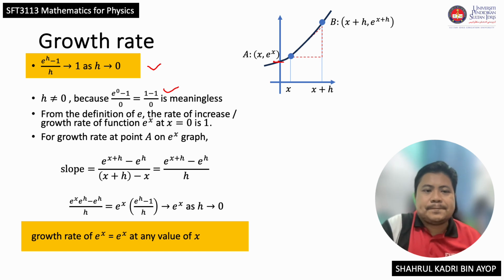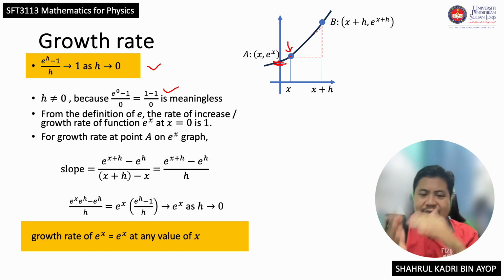That means the increment of the function at this point is equal to 1. And that is for the point here, but what about at another point? For example, here, what is the growth rate? How much does it grow at a certain point?